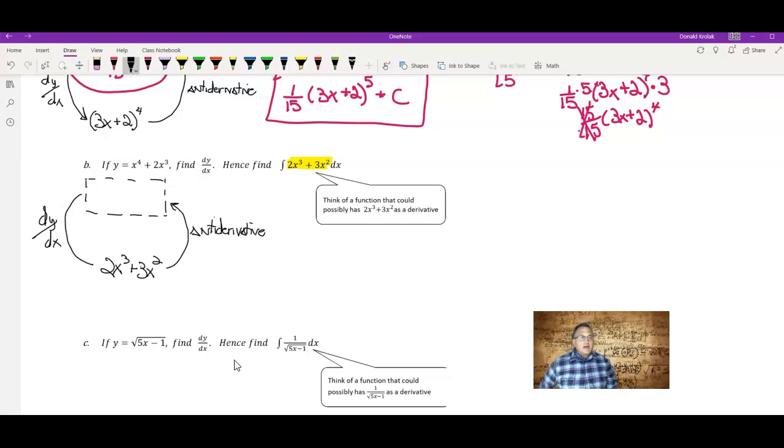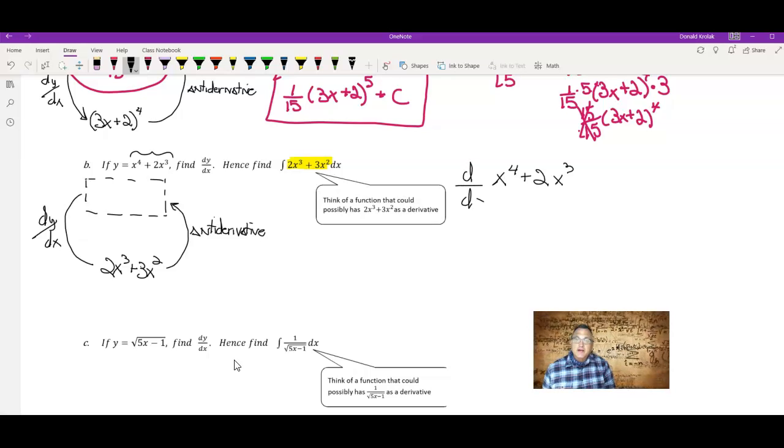Okay, so again, I give you a hint. All right, this function right here, if I did the derivative of x to the fourth plus 2x cubed, okay, if we do the derivative of it, the 4 comes out front, subtract 1 from the exponent.